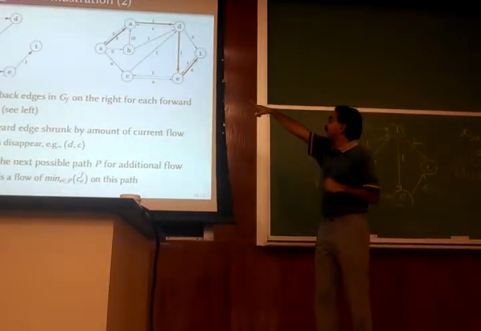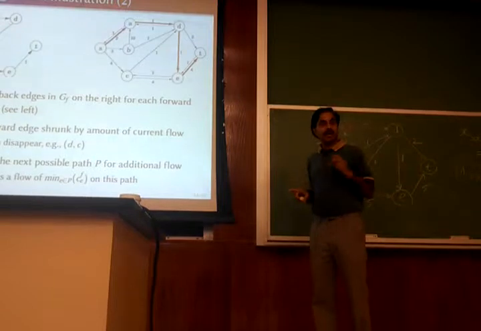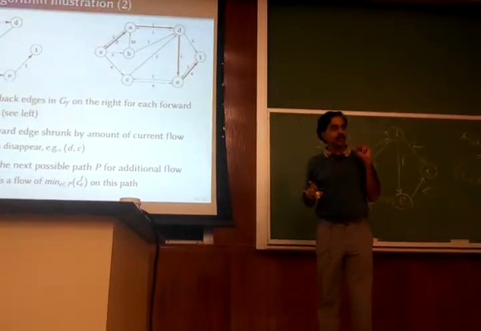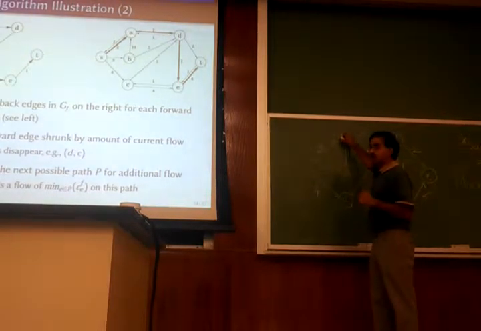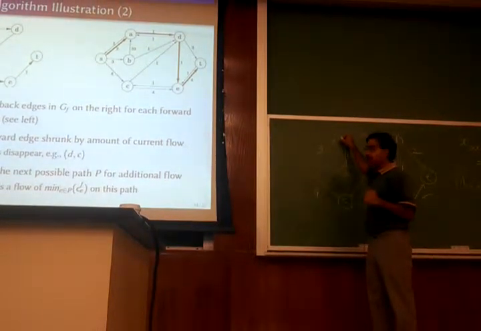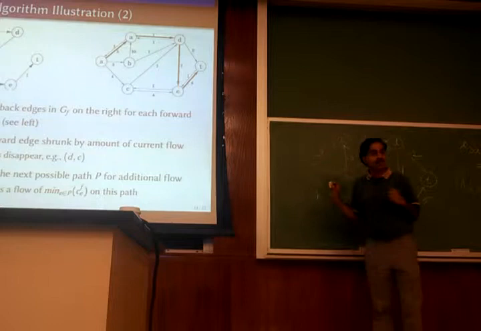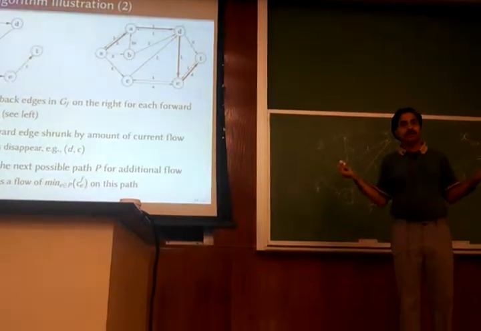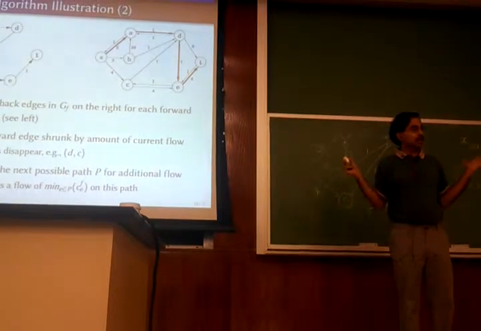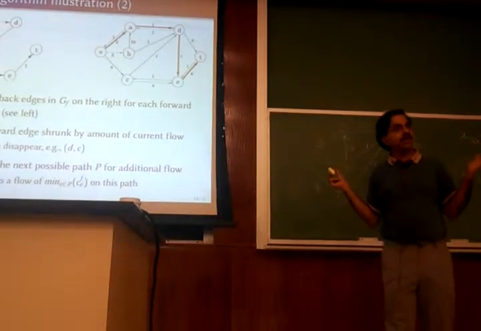So you can see that on the right, there is an edge from S to A, which has a weight of 2, right? So that means you can send 2 more. Now, because we are sending 1 unit in the forward way, we can turn it off, which means that you have to put an edge from A to S that has a weight of 1, right? Okay, so any questions? It's all very clear, right?